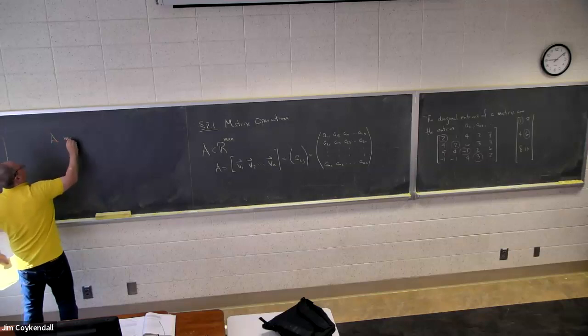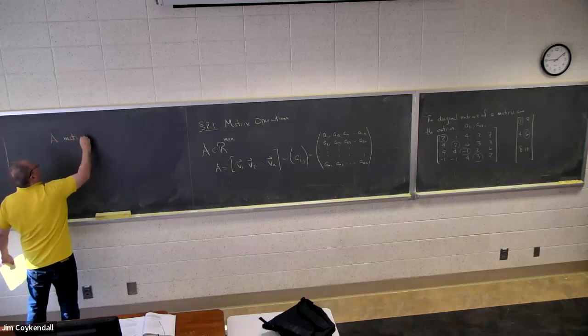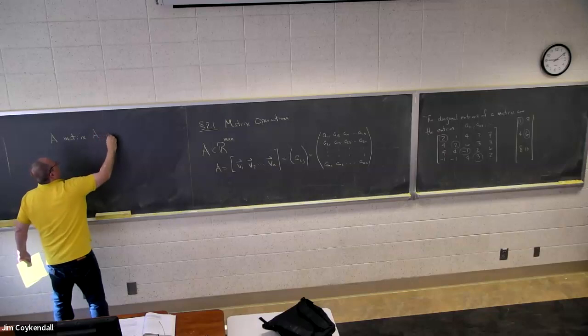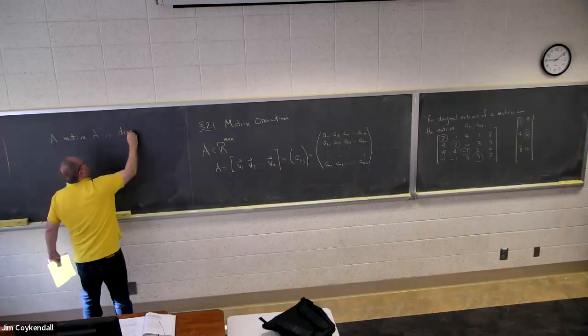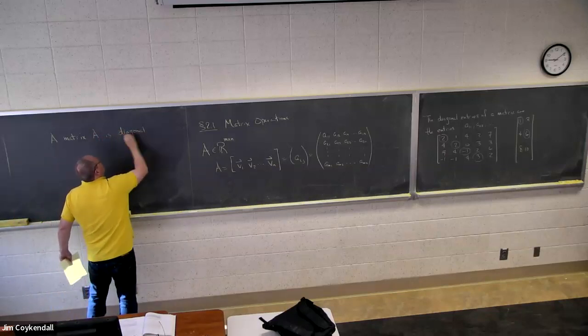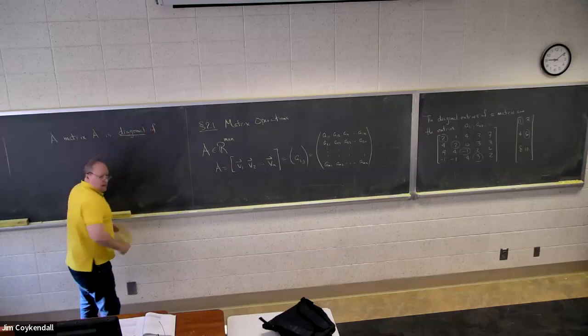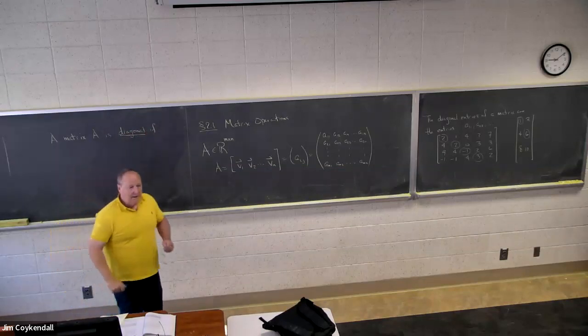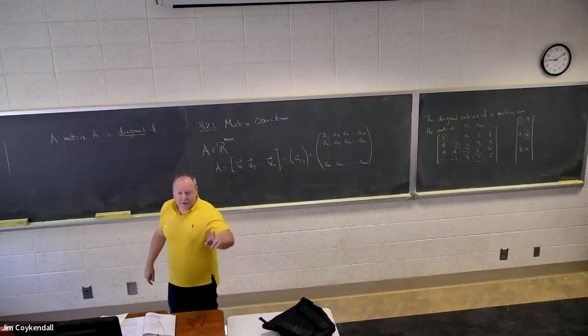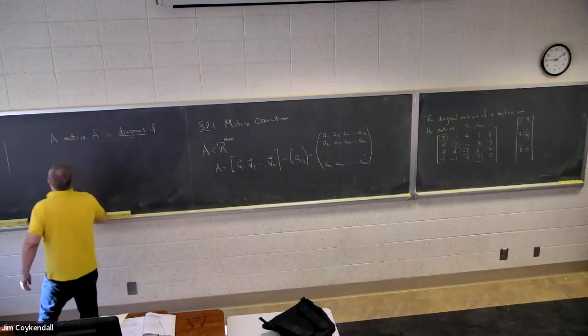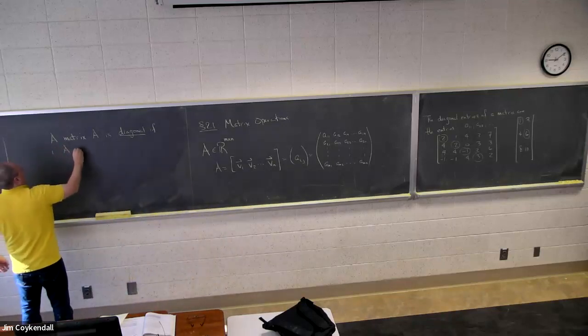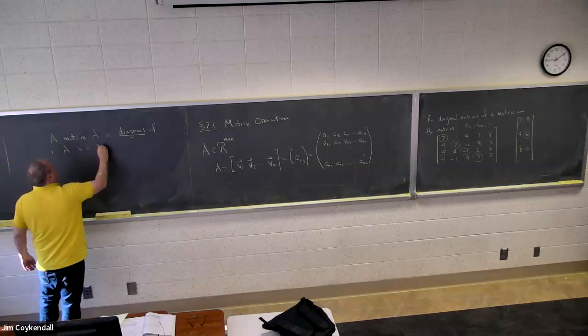A matrix A is diagonal if, now for a matrix to be diagonal, I am going to demand a few things of it. Number one, A is a square matrix.